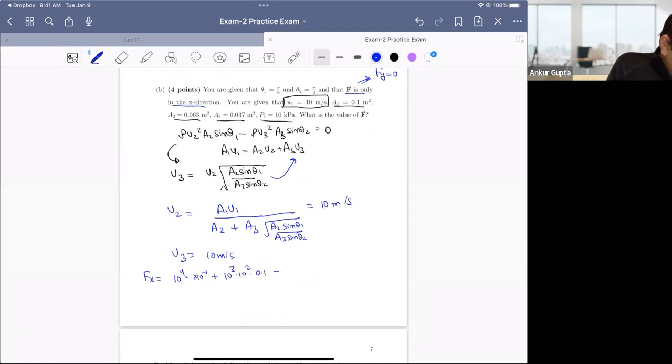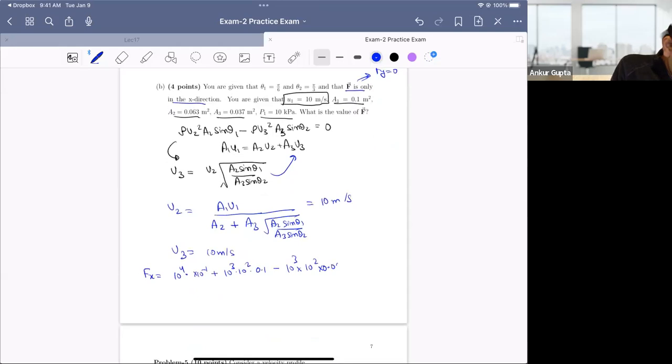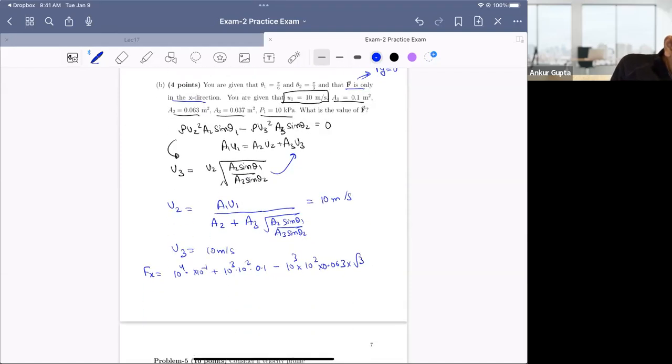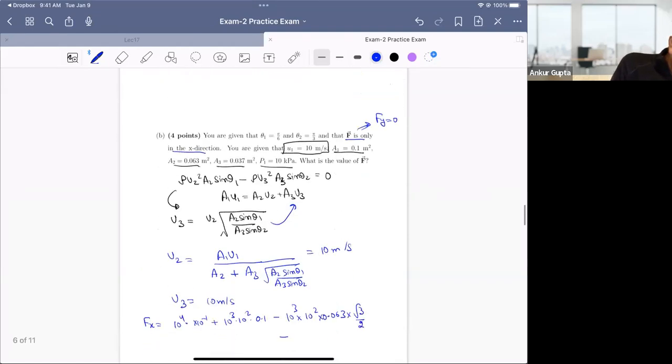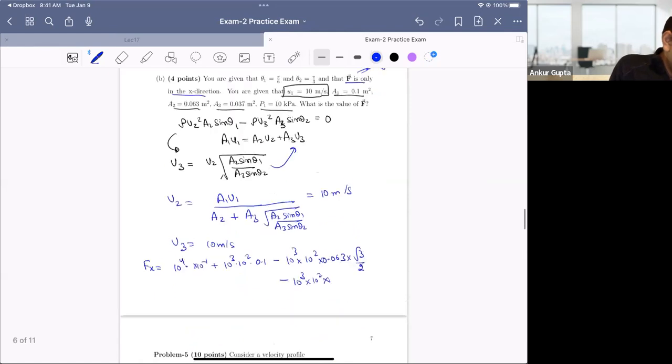So again, it's 10 to the power of 3 into 10 to the power of 2 into A2 cos theta, which is 0.063 into cos theta 1, which is 5/6 pi, so the square root of 3/2, and then minus rho U3 squared A3 cos theta 2, so same 10 to the 3, because the value is 10 everywhere, and then cos theta 2, which is half.